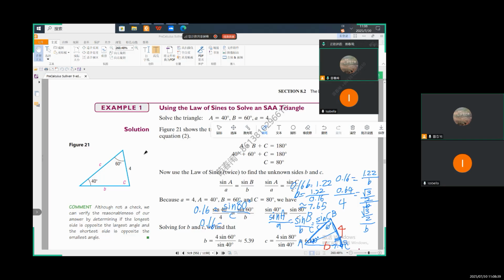Just typing in the calculator. 4 times sine 60 divided by sine 40, and you substitute. I guess it's a calculation, right?